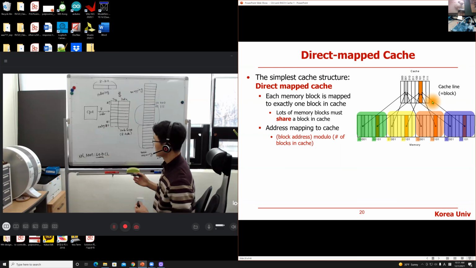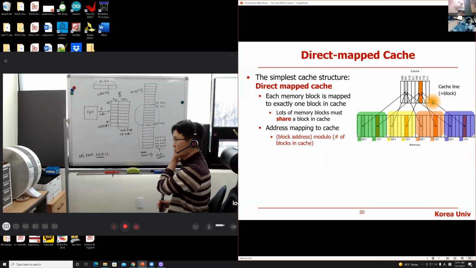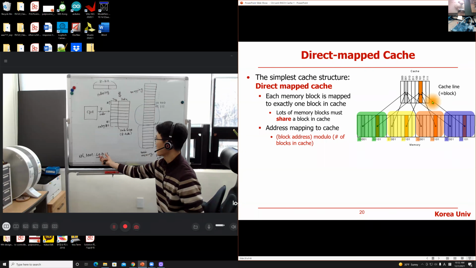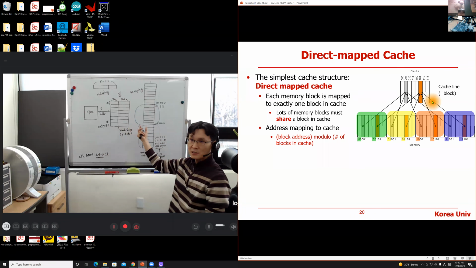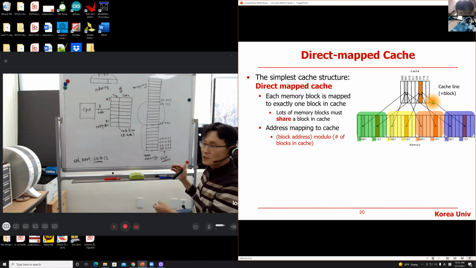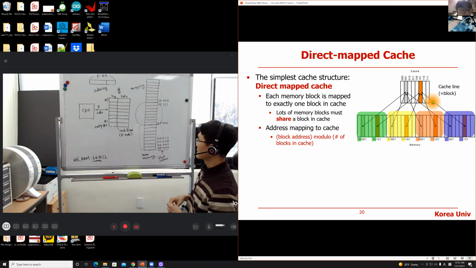That is the number commercial processors are using. Commercial processors have a 64-byte cache line. But in this example again, for simplicity, we are using an 8-byte cache line.